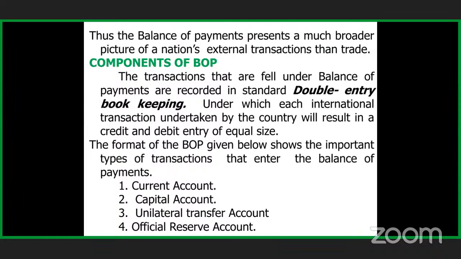The format of balance of payments given below shows the important types of transactions that enter the balance of payments. They are current account, capital account, unilateral transfer account, and official reserve account. So, therefore, the components of balance of payments are four.